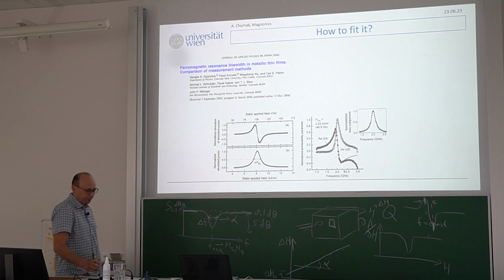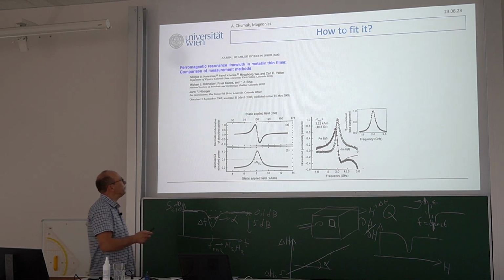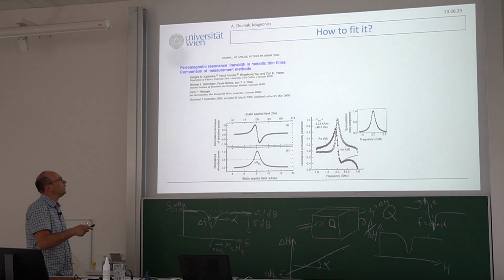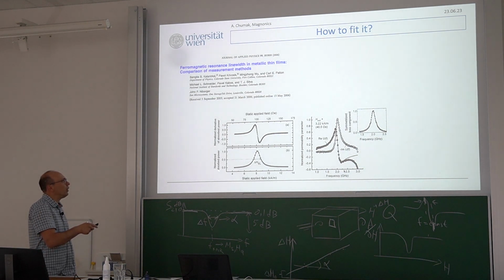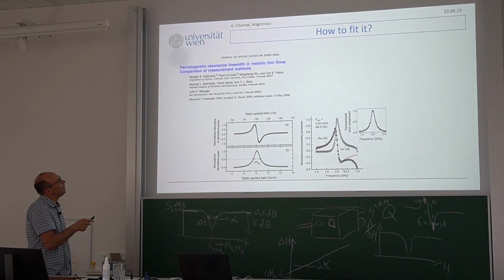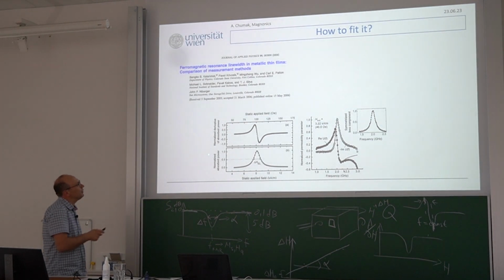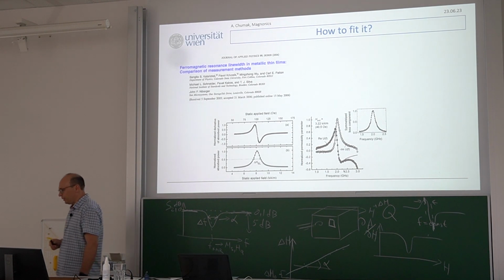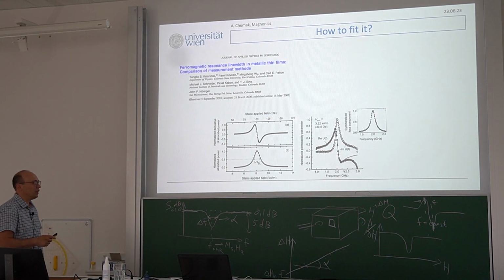In a real experiment, that's the curve you want to have, kind of ideal. This is normalized absorbed power, from the paper of Sangeeta Kalarikal, also from the group of Carl Patton, which is now intensively used by people doing FMR because they proposed very nice mechanisms of how to perform it.